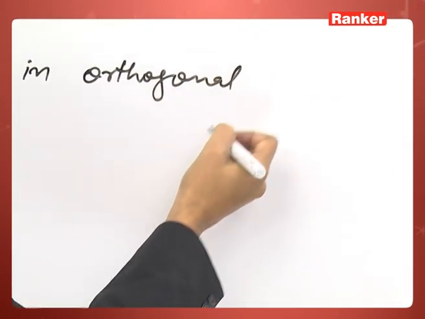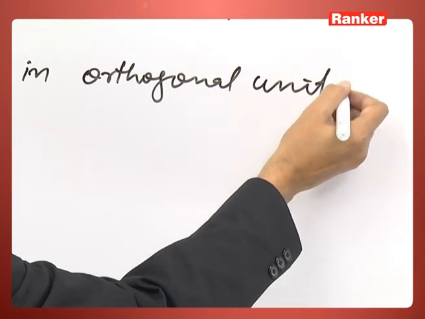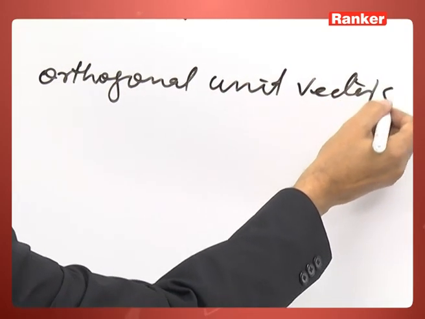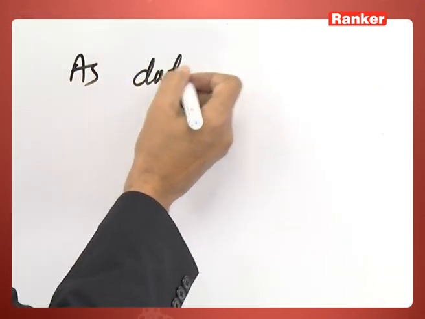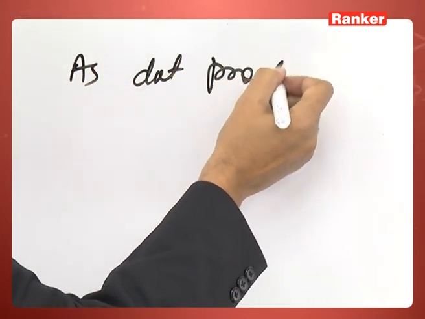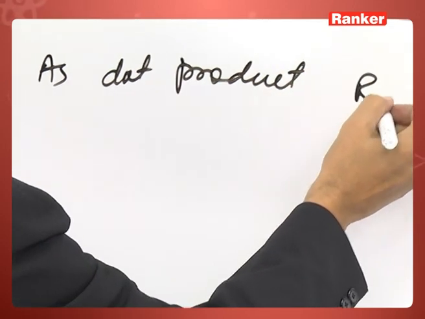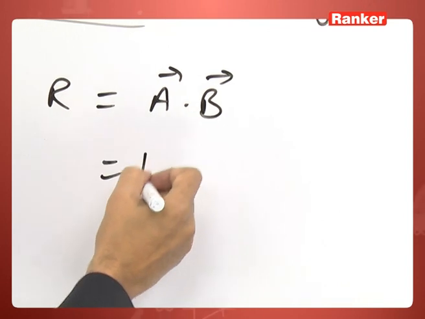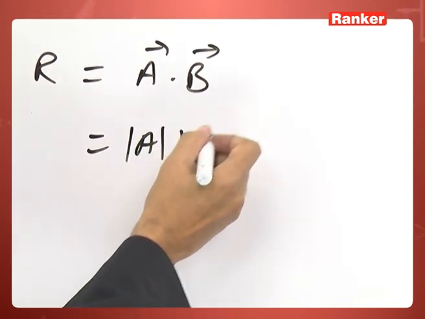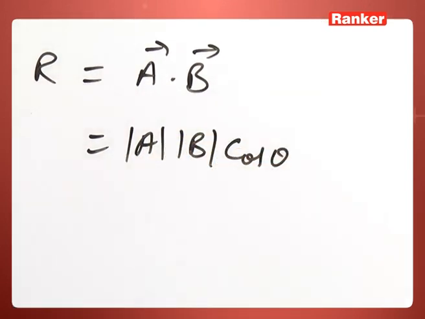In orthogonal unit vectors, dot product R is written as A dot B or mod A mod B cos theta.